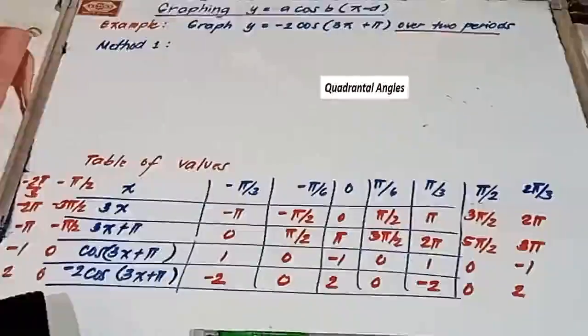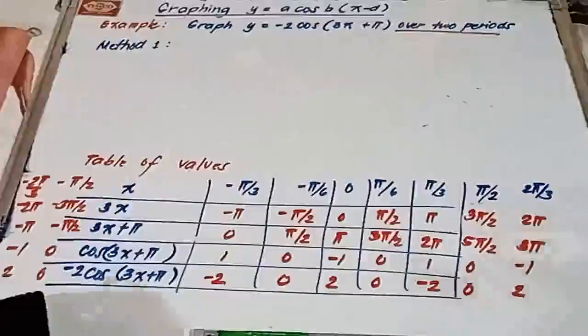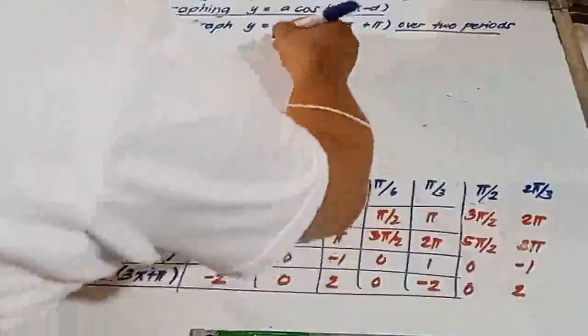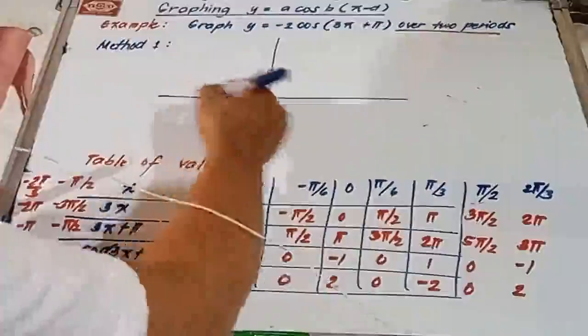So, the next is, i-plot natin itong mga points. Tapos, i-connect natin yung mga points para makapag-form tayo, makapag-sketch natin yung graph ng given function. Okay? Gumawa tayo ng xy plane. So, we have here negative 2 pi over 3. Dito muna tayo.